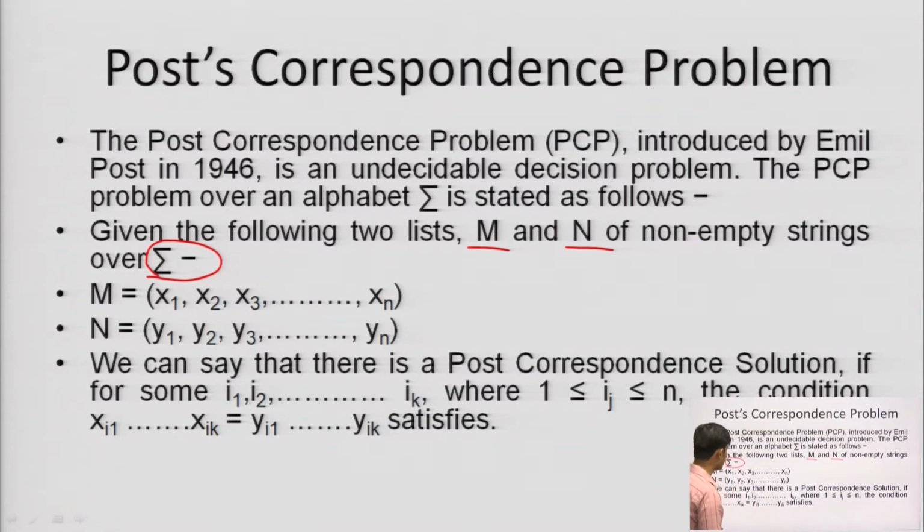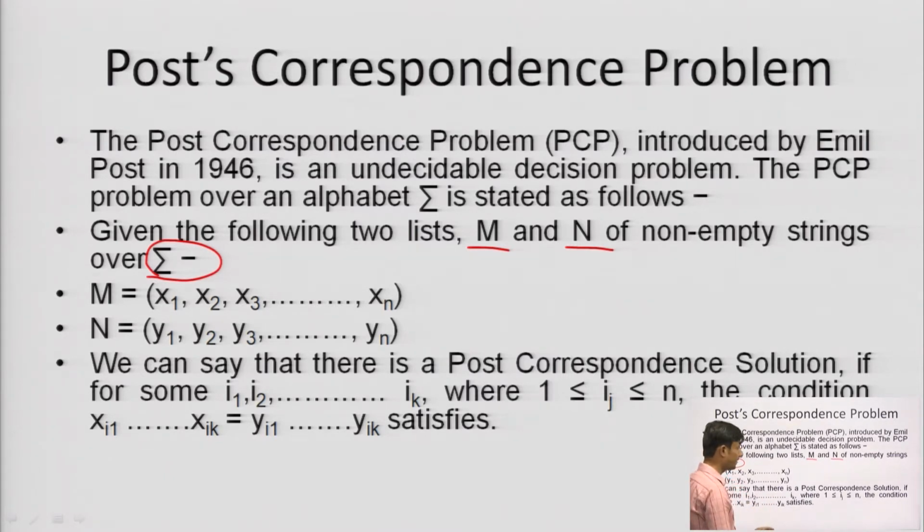One list belongs to M, another belongs to N. Two lists are given. Remember, all strings belong to the input alphabet. Here no alphabet is specifically given, it is just a definition. The input alphabet will be the same for M and N; it cannot be different.